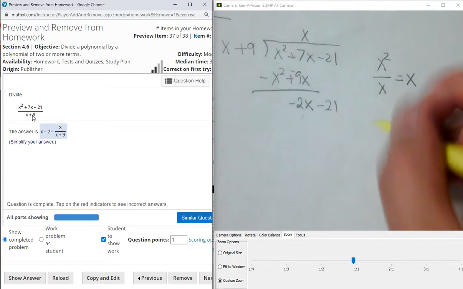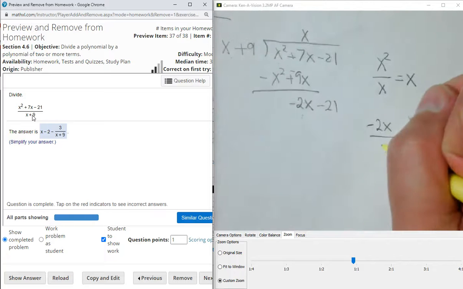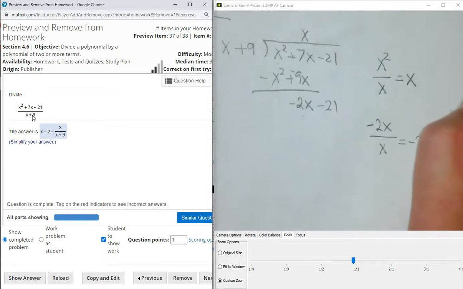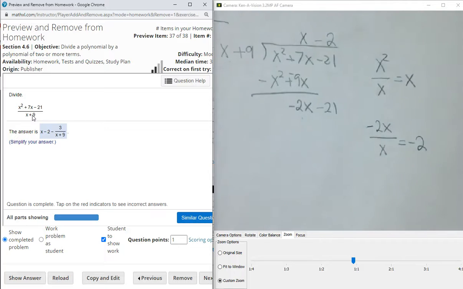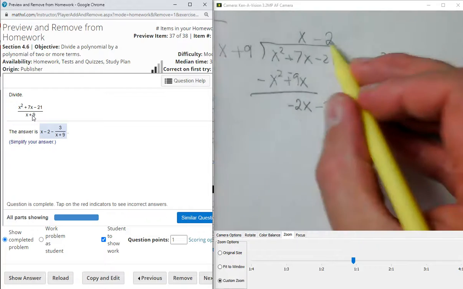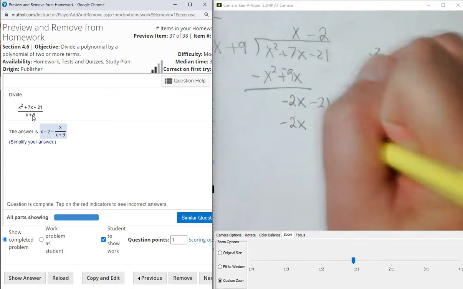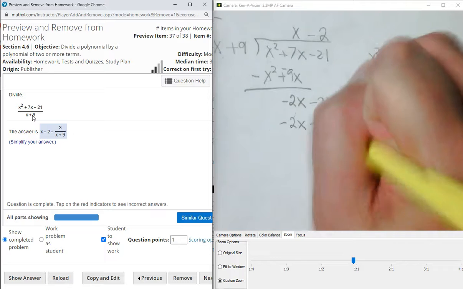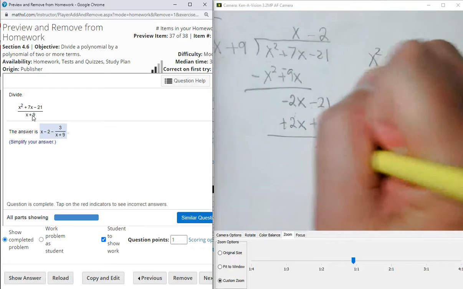Now I'm going to take this term here, negative 2x, divided by the first term of the divisor, and I get negative 2. So negative 2 would go over the constant term in the polynomial. Then I would take negative 2 times x plus 9, which is negative 2x minus 18. I change signs and add, and I got negative 3.